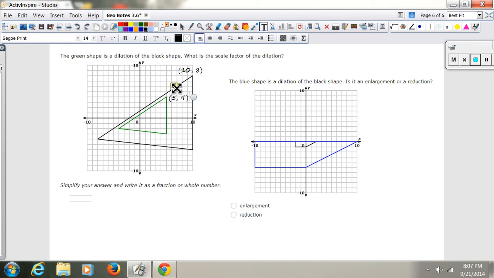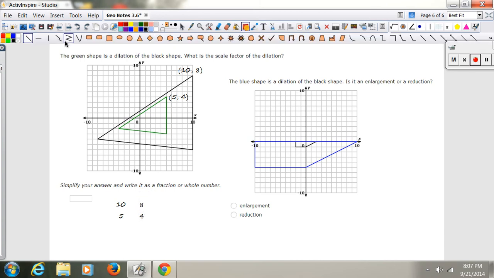And to find the scale factor, you simply put x over the x, 10 divided by 5, and 8 divided by 4. And if they both come out the same answer, you know you got a scale factor. So you divide those two, and your scale factor, wait, the green one's the dilation, my bad.